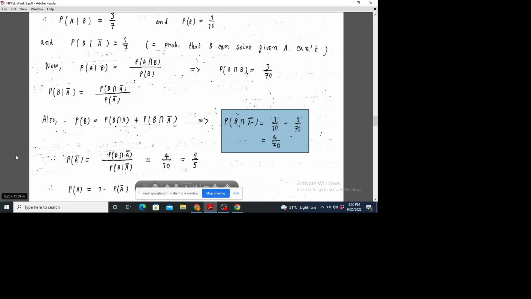And now from this one we can find the probability. We are also given this conditional probability, which is B solving the problem given that A is not solving the problem. And mind the difference: here it is B solving the problem and A not solving the problem.